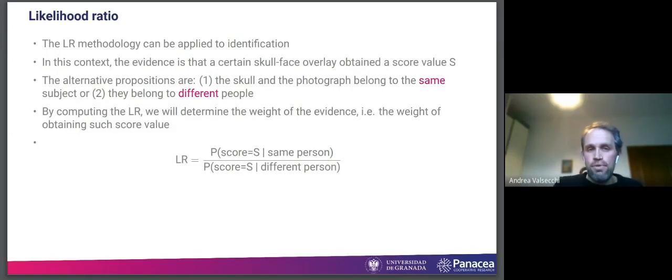So if we review our likelihood ratio formula, now we have the probability of obtaining a certain score S, given that skull and photo belong to the same person, over the probability of obtaining the same score S, given that the material belongs to different people. So it's a little more complicated than before.